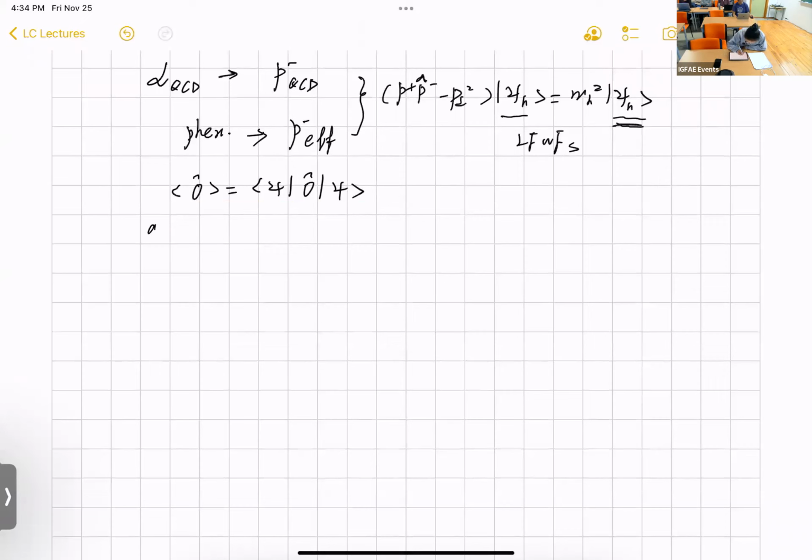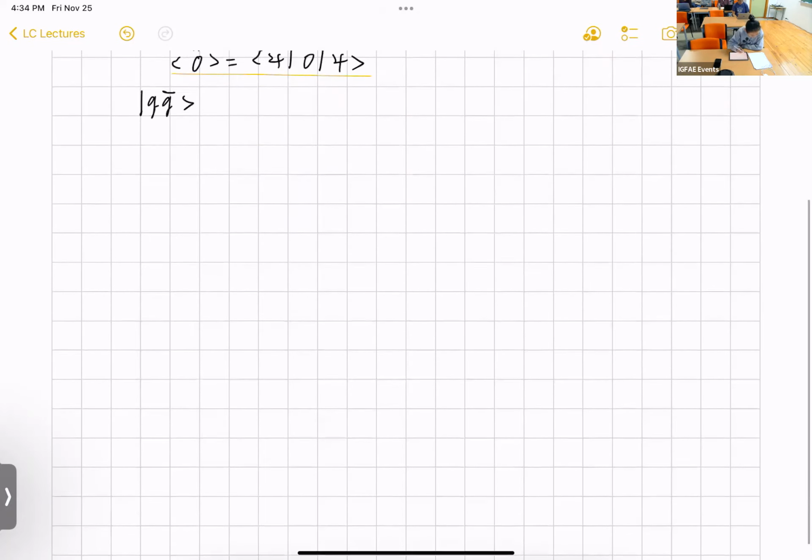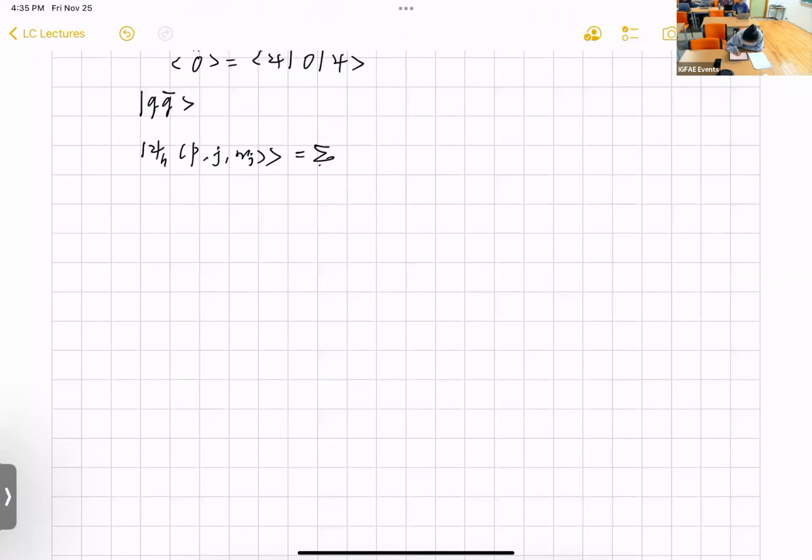So for the Meson, we start with the simplest non-trivial case, that is to truncate the Fock space into the leading Fock sector, the QQ bar Fock sector. So let me write down the state vector explicitly. We will use this later also today when we look at the form factors.